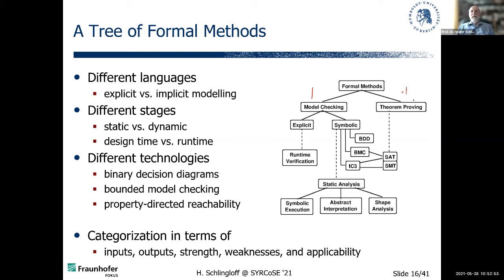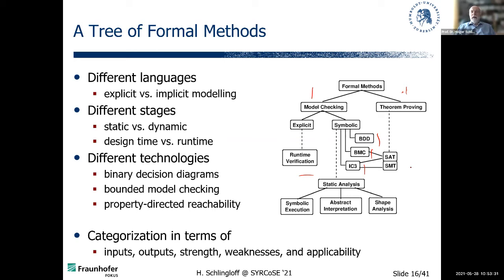Implicit modeling means that the model is coded with the property, and then you have different stages when it's being applied: static versus dynamic, or design time versus runtime. So, for example, runtime verification is of course a runtime method, and then we have different technologies, like binary decision diagrams, or bounded model checking, or property-directed reachability, or SAT solving, or satisfiability modulo theories.